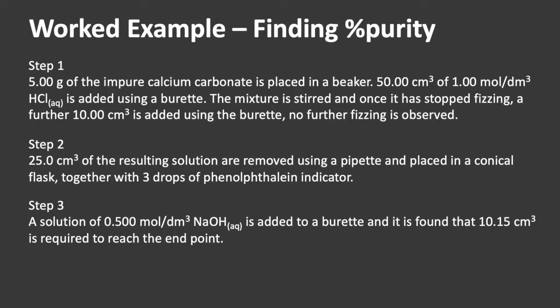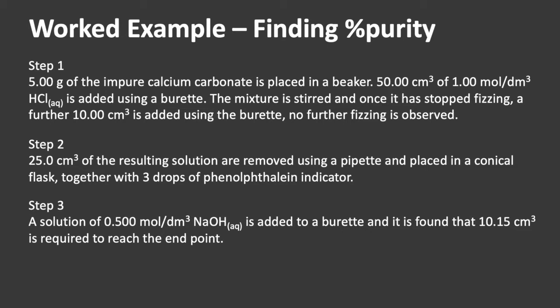We then add a further 10 centimeters cubed of acid using the burette, and we note that although we've added our 10 centimeters cubed, no further fizzing has actually been observed. So we know that it all reacted after 50, but we've added a total of 60 just to make sure. We then take 25 centimeters cubed of that solution out using a pipette.